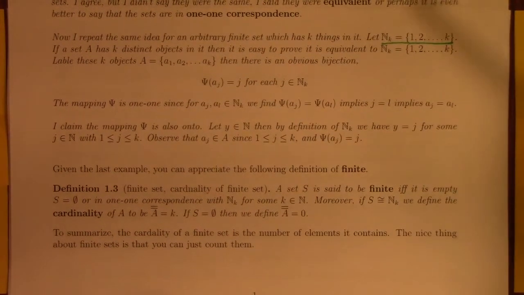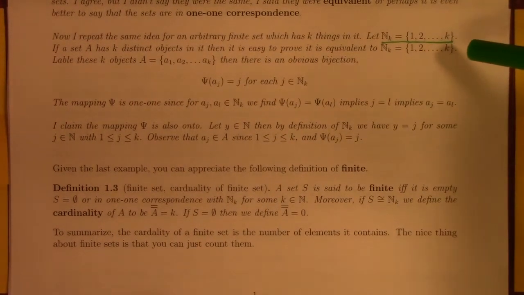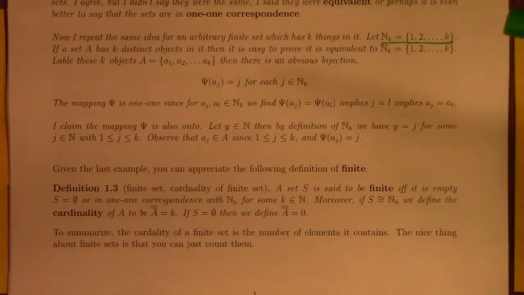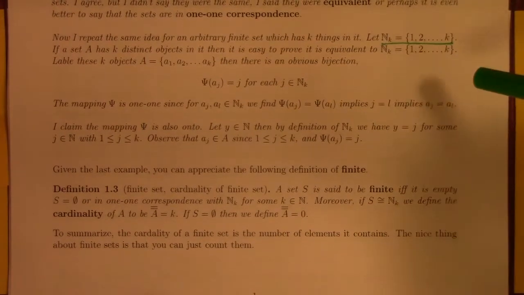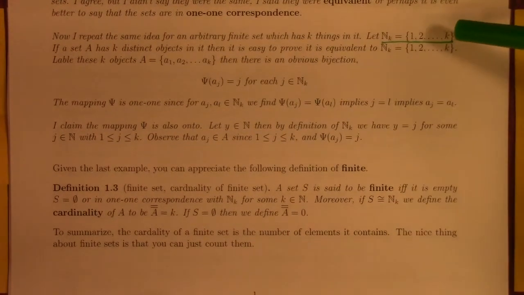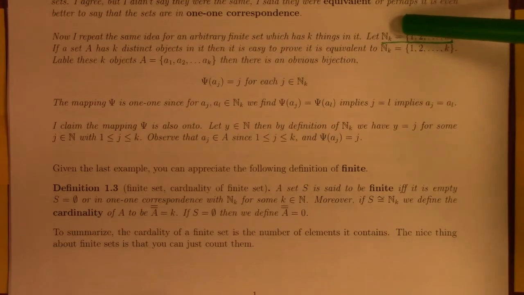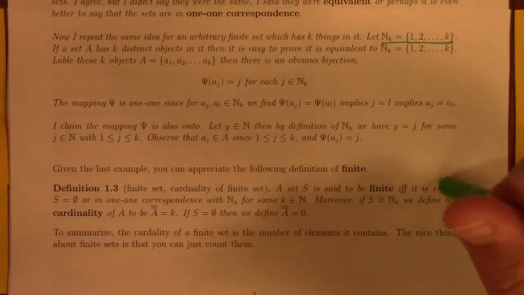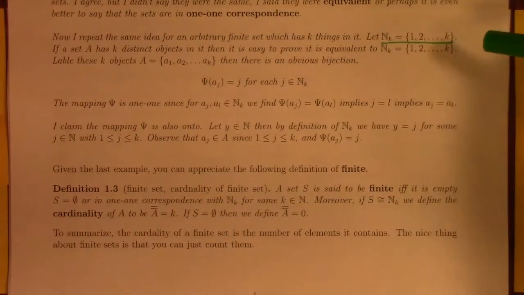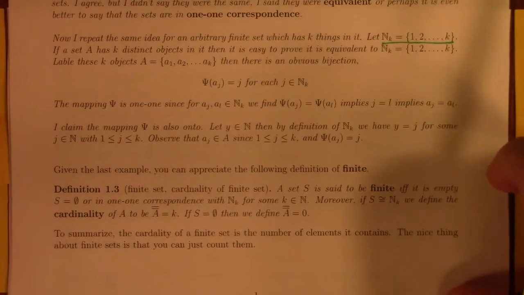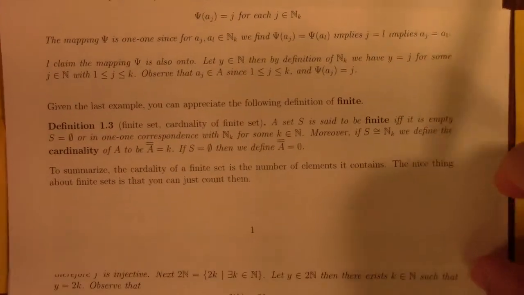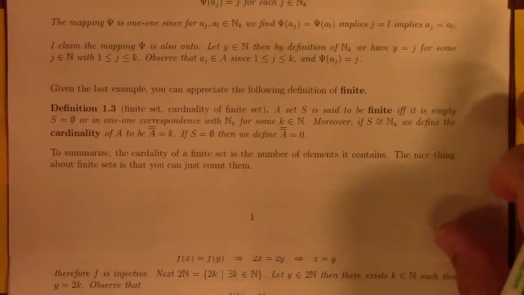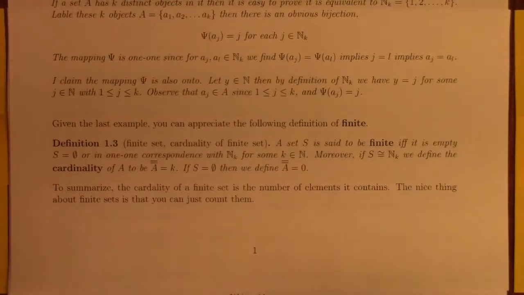In Pete Clark's article, he talks about a hypothetical shepherd not having numbers but having a bag of stones and using the bag of stones to count the sheep. So you could think of N sub k as sort of our bag of stones to count k things. Anyway, it's a benchmark for sets with just k things. And so we use that to make a somewhat careful definition of a finite set.